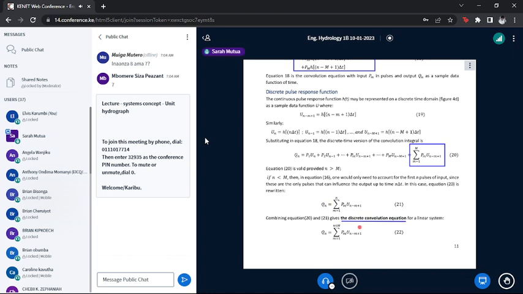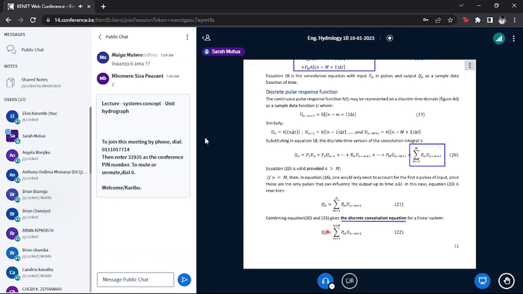So what this means, if you have 3 rainfall pulses, if you measure the rainfall within the first pulse, then you are only going to calculate Qn as a function of 1 pulse. If n is 2, you are going to calculate discharge as a function of 2 pulses. If n is 3, you calculate Qn as a function of 3 pulses.